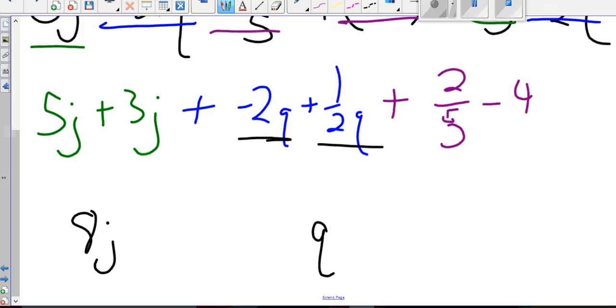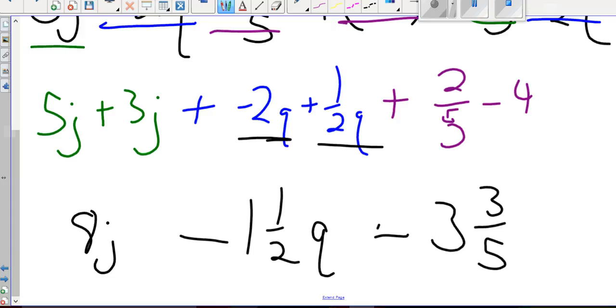Negative 2 plus half gives us a negative 3/2 q. And then finally, we're adding a 2/5 and subtracting 4. 2/5 minus 4 is going to give us a negative 3 3/5.